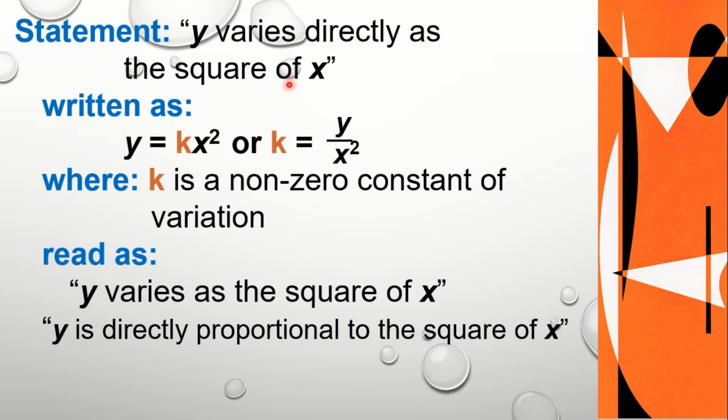Statement: y varies directly as the square of x, written as y is equal to k times x squared, or k is equal to y over x squared, where k is a non-zero constant of variation, read as y varies as the square of x, or y is directly proportional to the square of x.